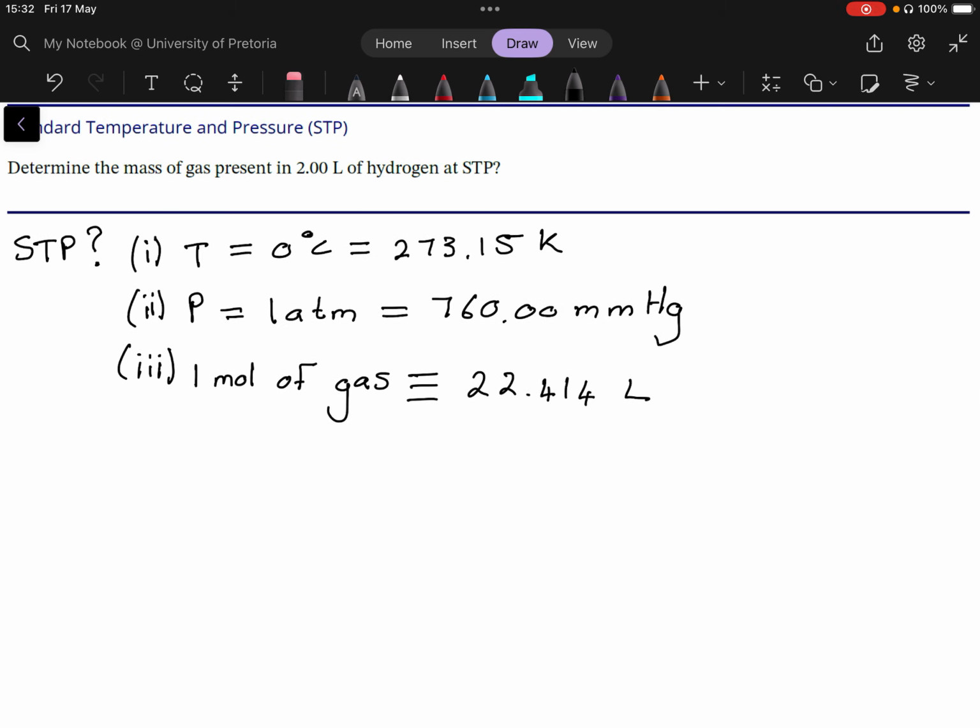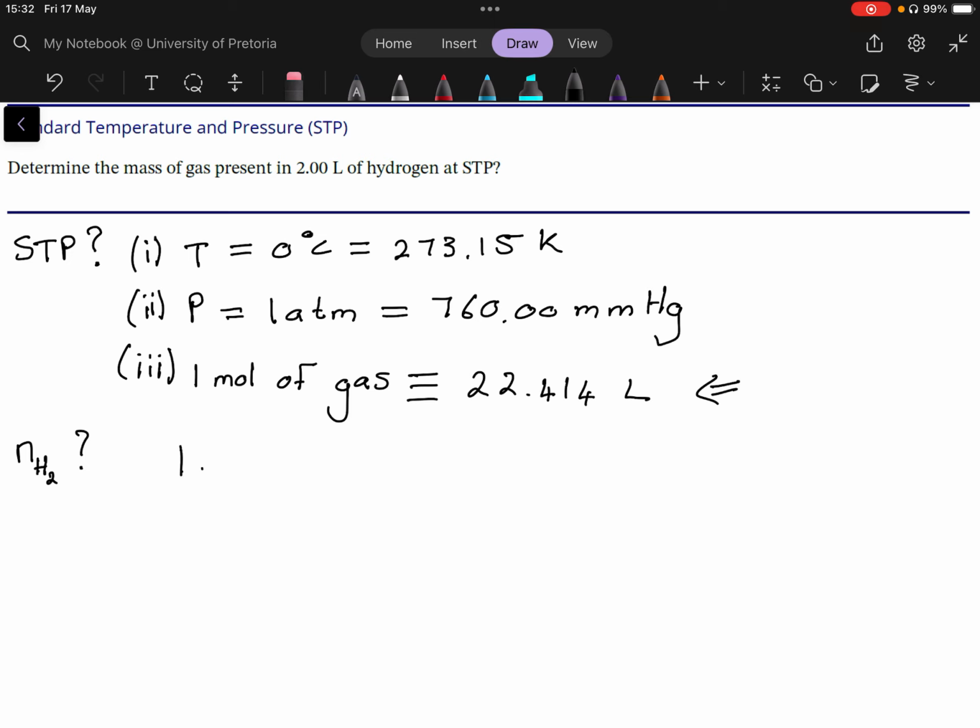Right. So how can we use that information with the volume that we were given to calculate the amount of gas? We want a way to calculate n, the number of moles of hydrogen. All of these things are ratios, but the important ratio is this last one.